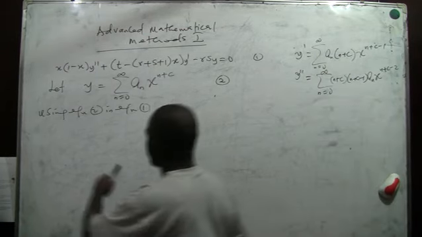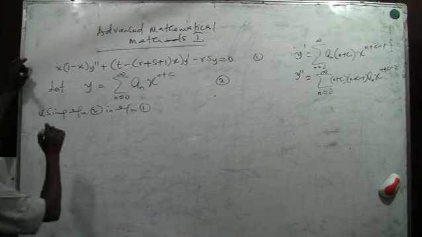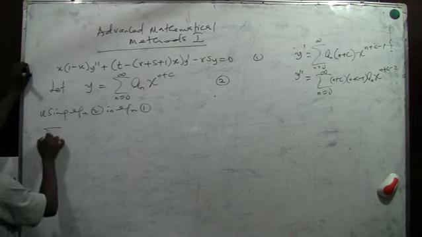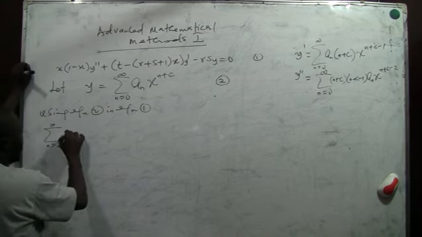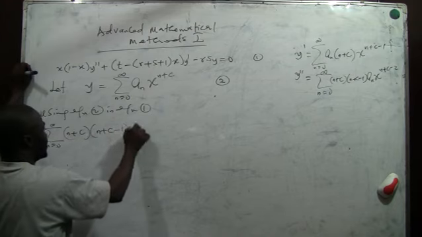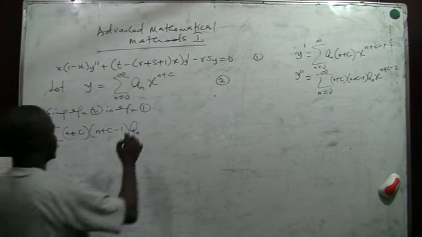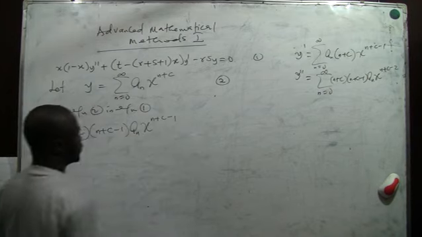So substitute into that equation. x multiplies y'' and that becomes the summation, n from 0 to infinity, of (n plus c)(n plus c minus 1) a_n x raised to the power n plus c minus 1.